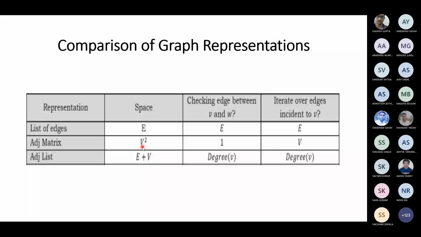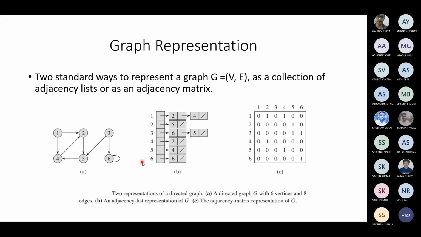If there are 6 elements, then you need a 6 cross 6 matrix. And for an adjacency list, you need number of edges plus vertices. So you have 6 vertices, 1, 2, 3, 4, 5, 6, plus number of edges. Your edges are 1, 2, 3, 4, 5, 6, 7, 8.